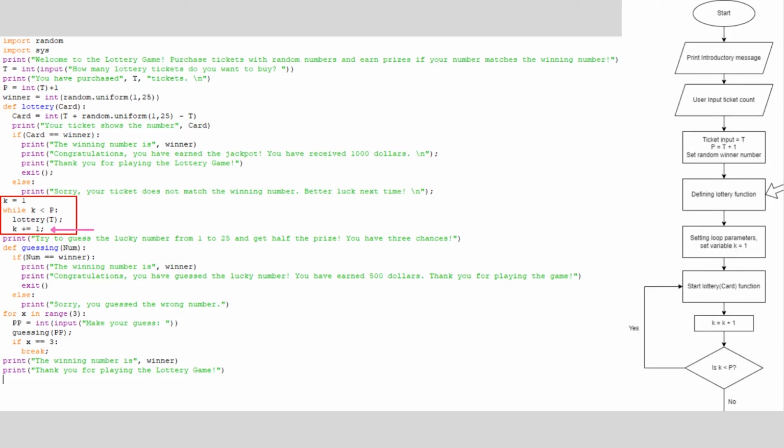So, after each repetition of the lottery function, k is added by 1 and will eventually reach the value of p that we set at the beginning, and only at that point, the program will stop looping the lottery function and then move on. So the result will be that the lottery game will be played exactly the amount of tickets that you purchased at the beginning and set as variable t.